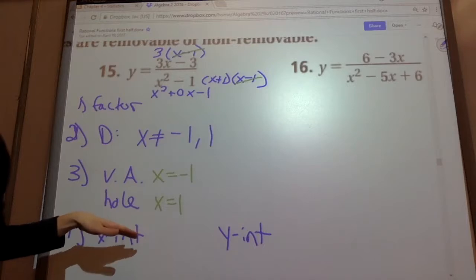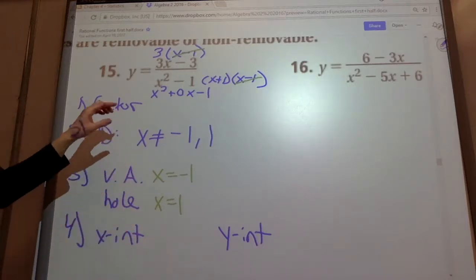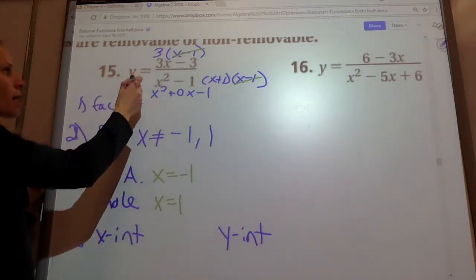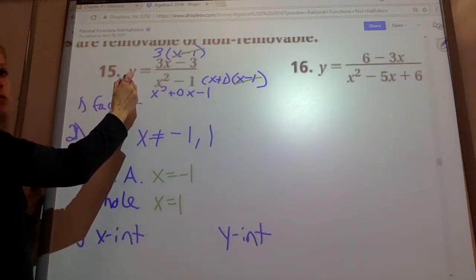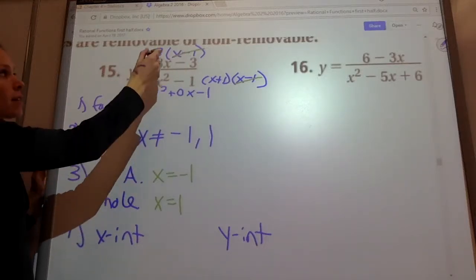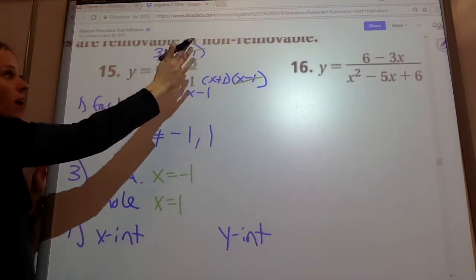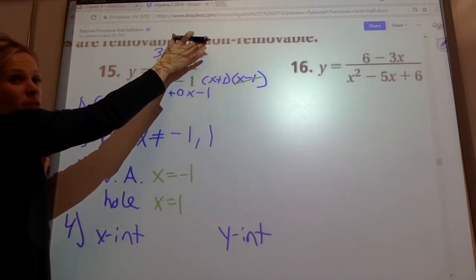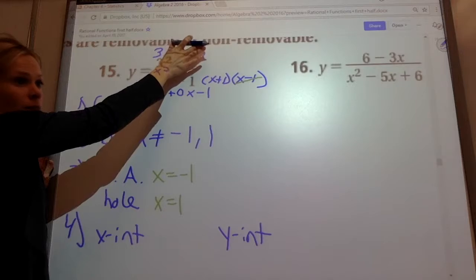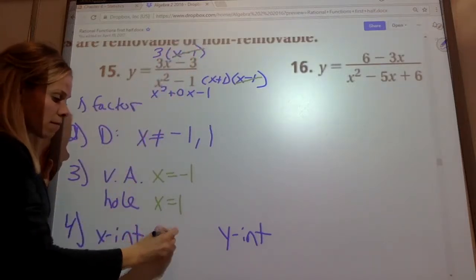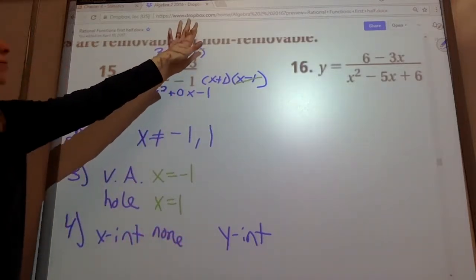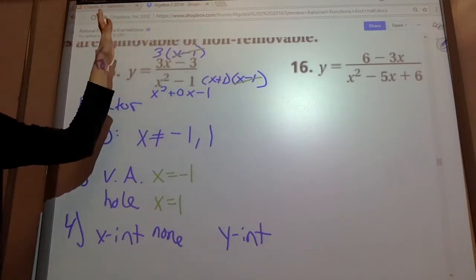Again, x-intercept is when y is 0. So is there a way I can make this fraction equal 0? Meaning can the top equal 0? That's gone. So can I make 3 equal 0? No. So that's none. Because the x minus 1 is gone, and you can't make 3 into 0.